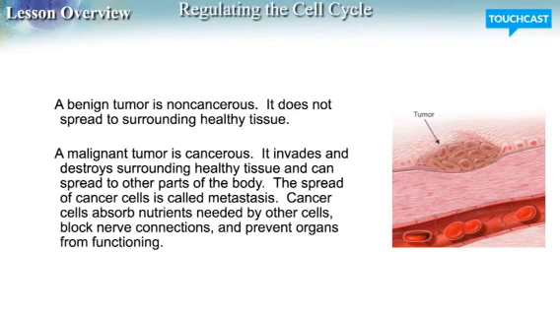So a cancerous tumor doesn't stay in one place. It spreads to the other parts. We call it metastasis. When it goes to other parts, it takes away the nutrients which are needed by the healthy cells, and that eventually can cause problems for the cancer patient, and the organs will stop functioning.